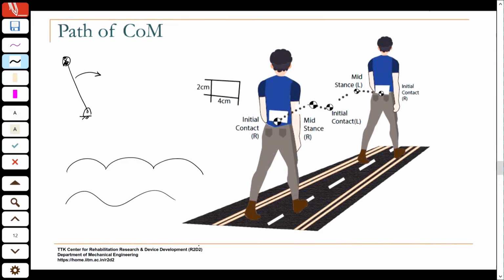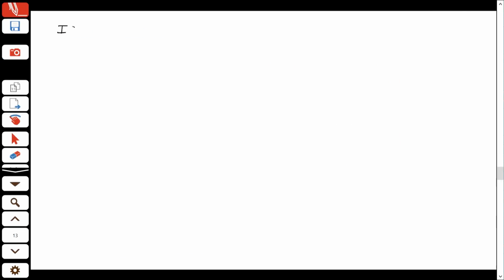So, if you look at the functions that they have to perform at initial contact, stabilizing the knee is a key component of walking. At initial contact, stable weight bearing is the key.